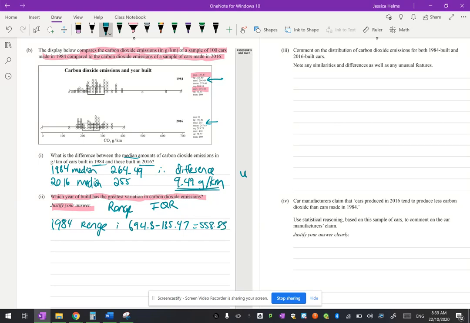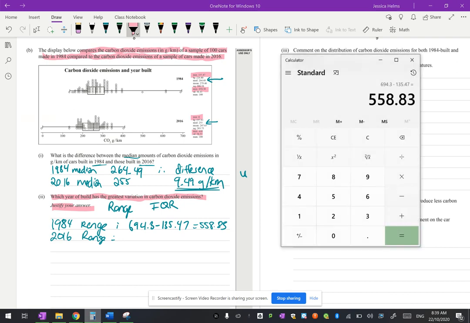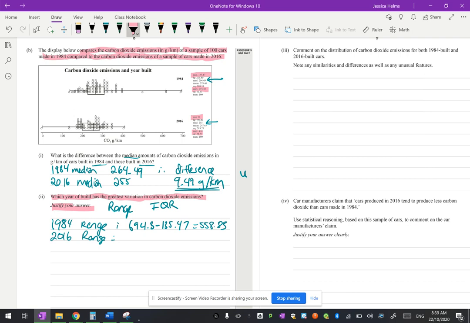And then the 2016 range is, again, maximum minus minimum. So we've got 410 minus 0, which hopefully you can all do in your head, is 410.